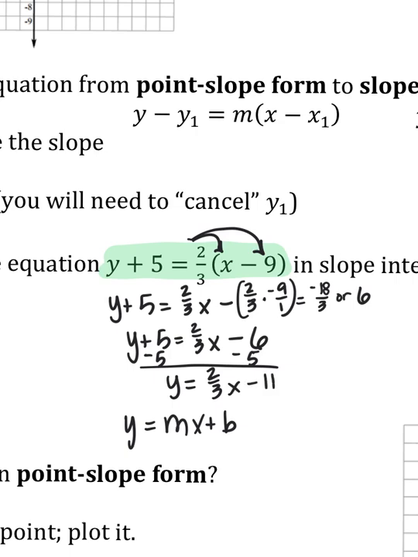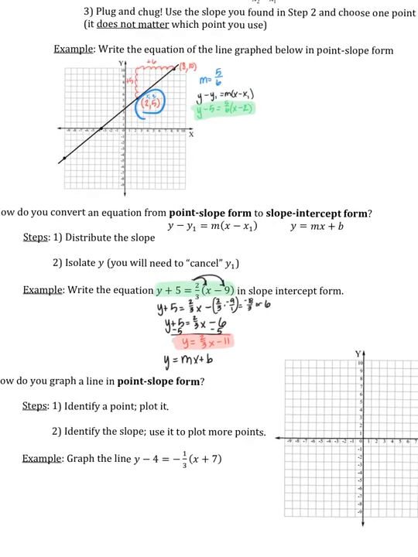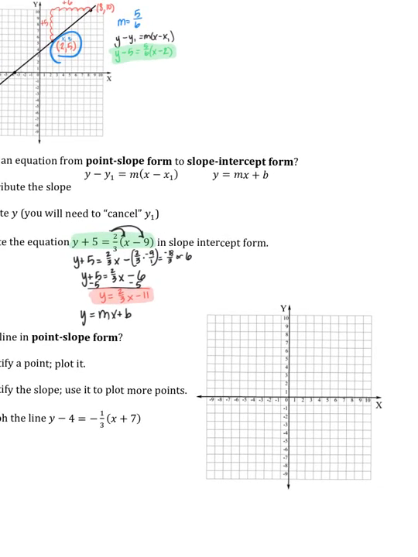So now we are in y equals mx plus b form. And now we can go to our graph and we can, what am I going to do here?